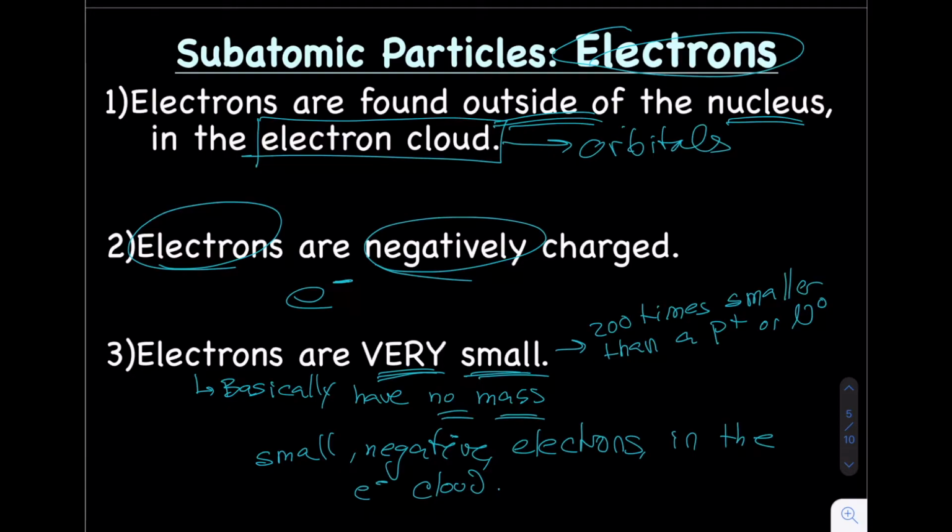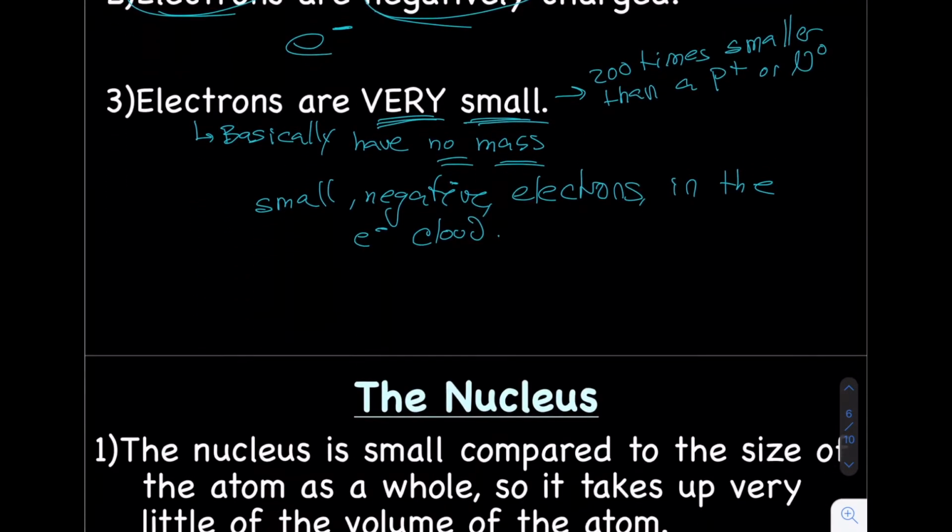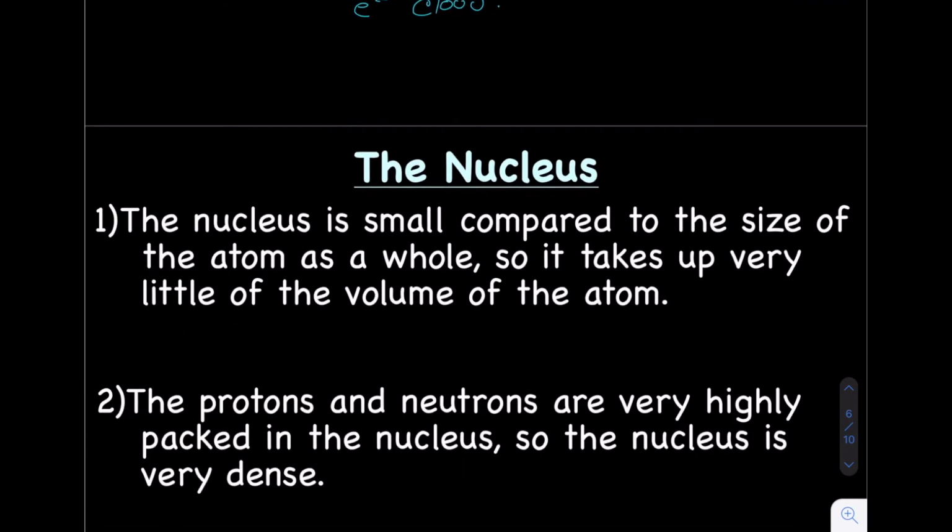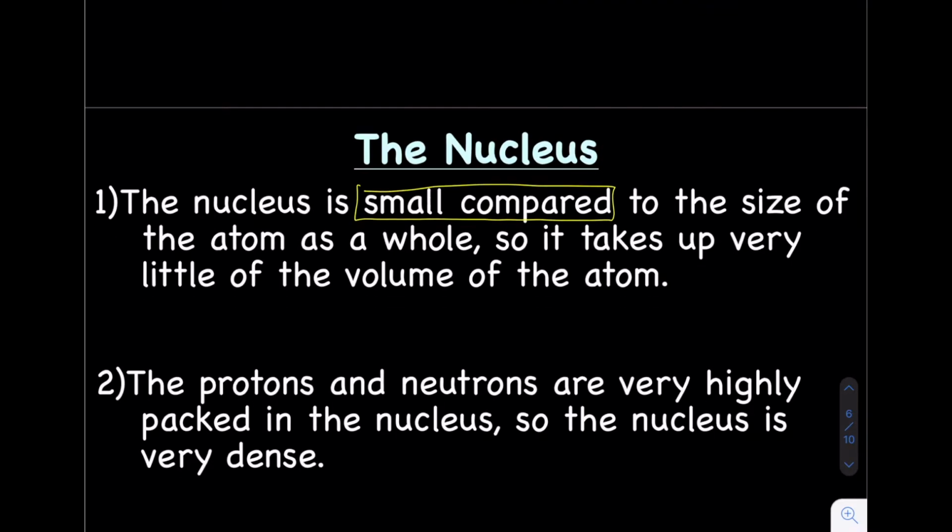So now let's talk about the 2 regions of an atom. So the nucleus, this first region of the atom. The nucleus is small compared to the size of the atom as a whole. So it takes up very little of the volume of an atom.